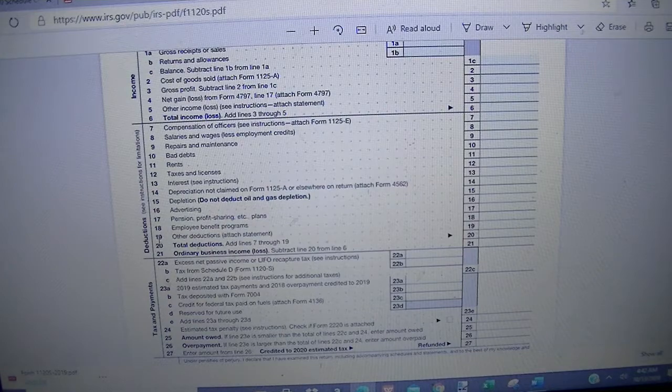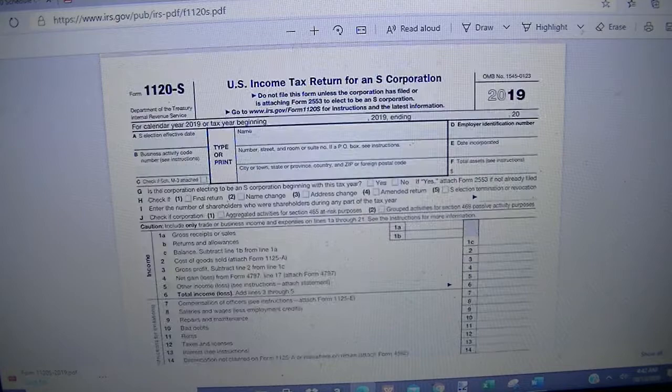Your third option, which is a good option as well, is line 19, other deductions, but you need to attach a PDF or a spreadsheet. Remember to put your business name on that spreadsheet or on that form.